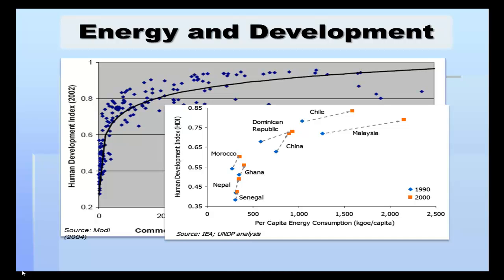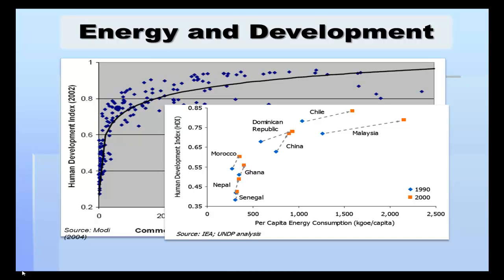Now, what these graphs tell us is that in the lower range, a small amount of commercial energy is related to a high increase in human development index, whereas you have a more elastic part of the curve in the higher end, where you need large amounts of commercial energy to correlate with relatively small increases in HDI, but the HDIs are high anyway, so it's really not an issue there.